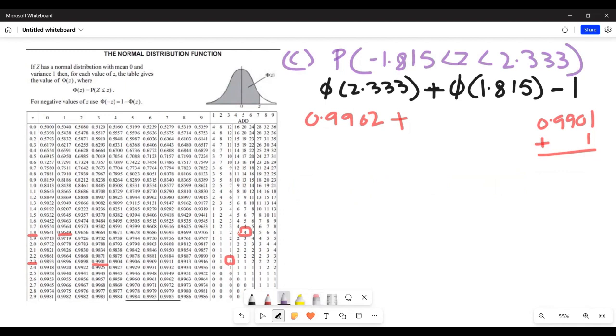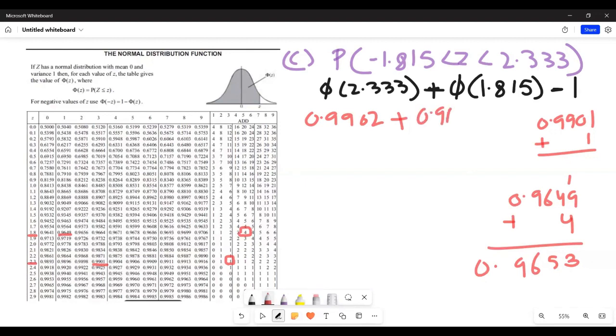So we're going to add 4 to 0.9649 plus 4. So this is what I'm getting, 0.9653. So plus 0.9653 and then minus 1, which gives 0.9555.